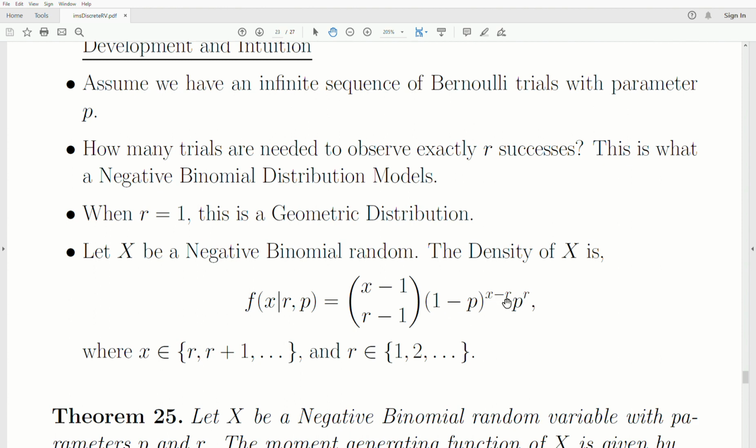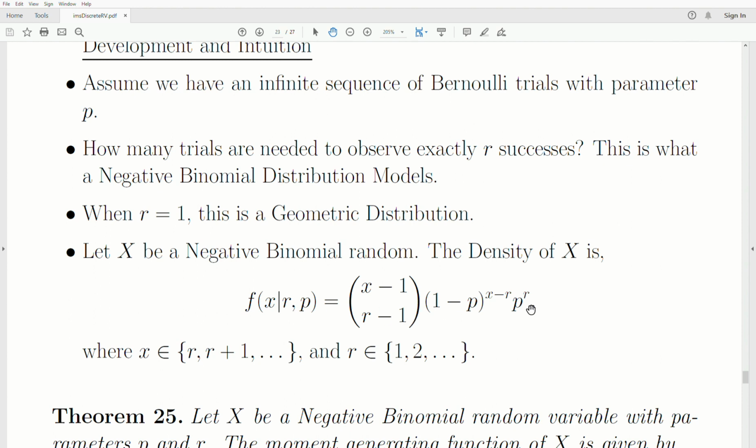The number of x minus r failures gives 1 minus p raised to the x minus r. But we have to account for how many ways we could mix up those first r minus 1 successes, and that's x minus 1 choose r minus 1. It's combinations. And that's the density.